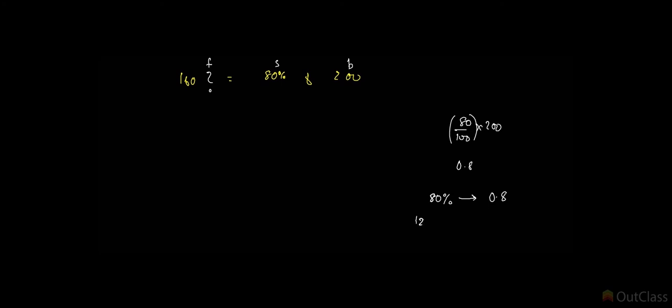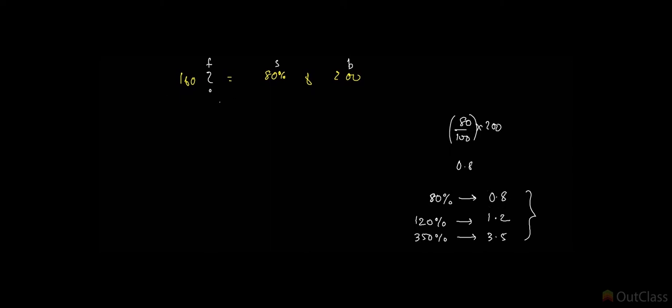And something like 120% would become 120 by 100, 1.2. If you want to find 350% of something, just multiply it by 3.5. You should understand how to immediately convert a percentage into the number that you multiply. And this becomes more important when we deal with percentage changes that are coming up.